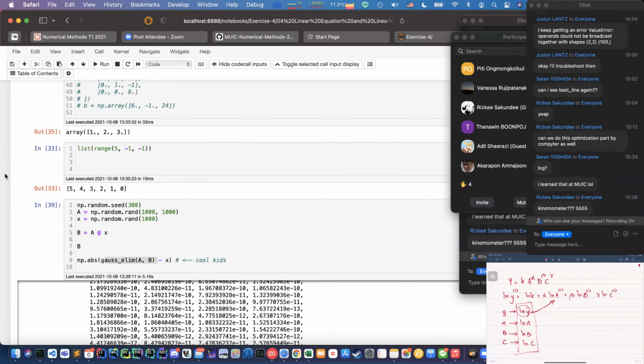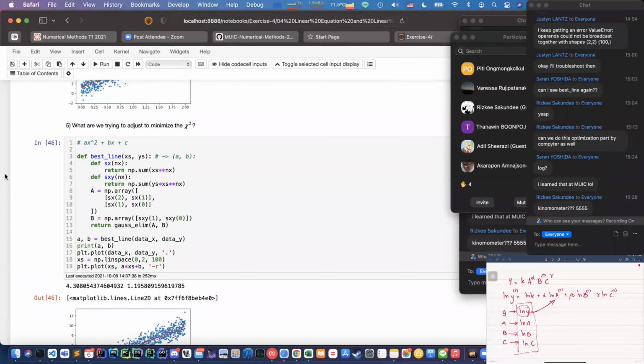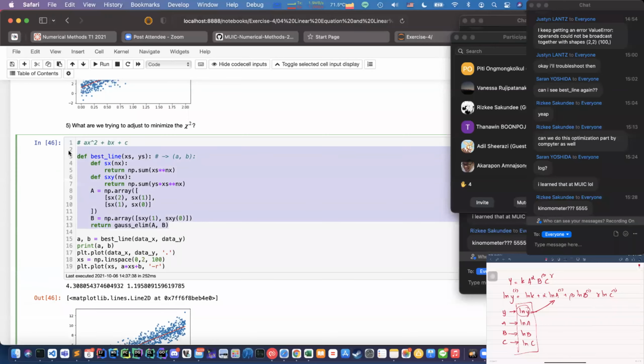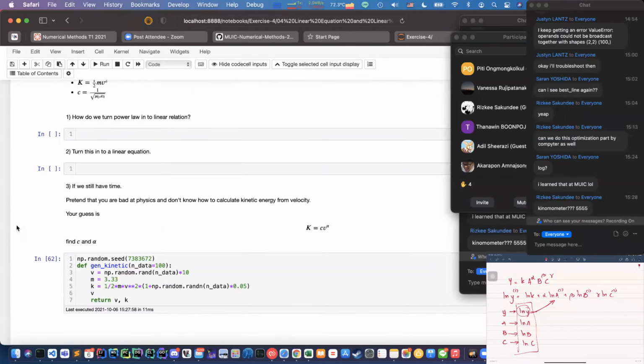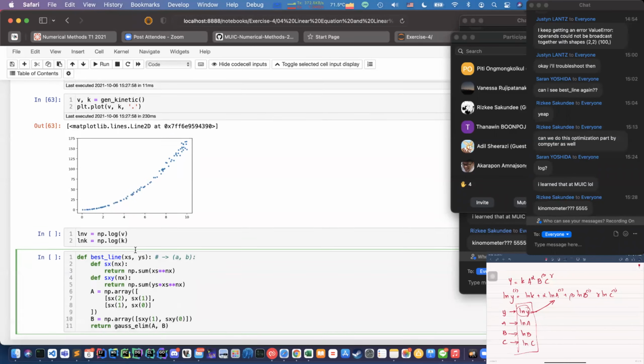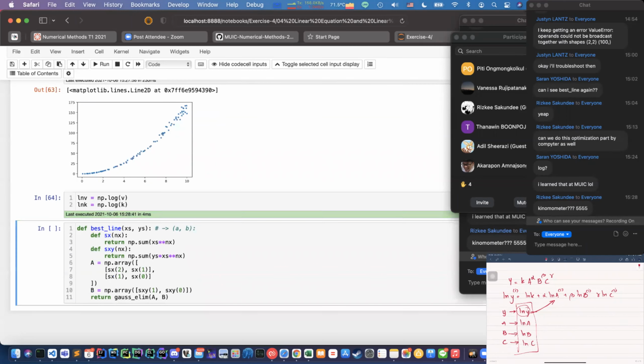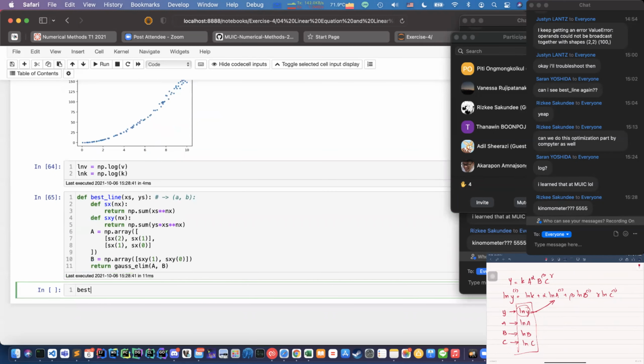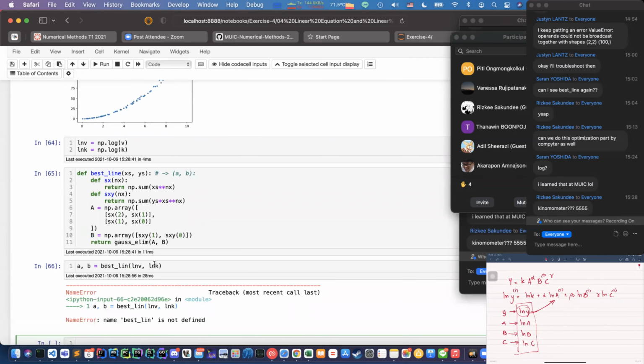Done, because this thing solves AX plus B. So I just do baseline of log of V and log of K. Wait, Y or X first? Okay, log of K. And now I get little a and little b.